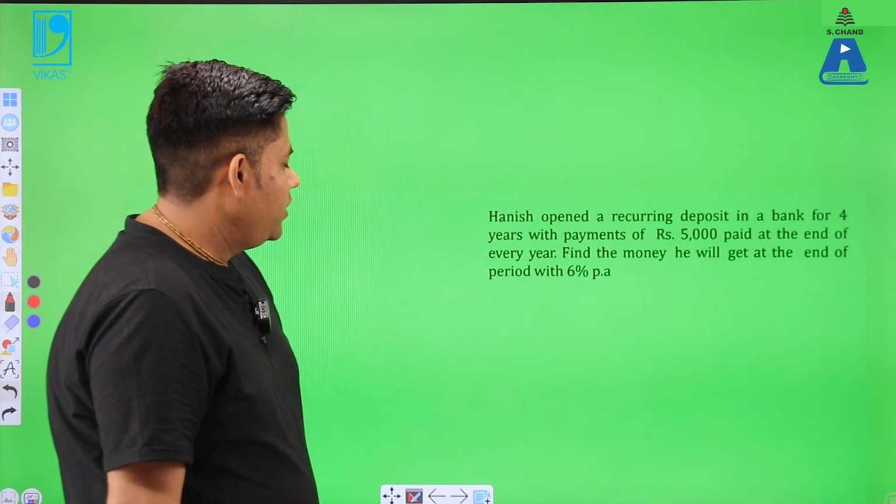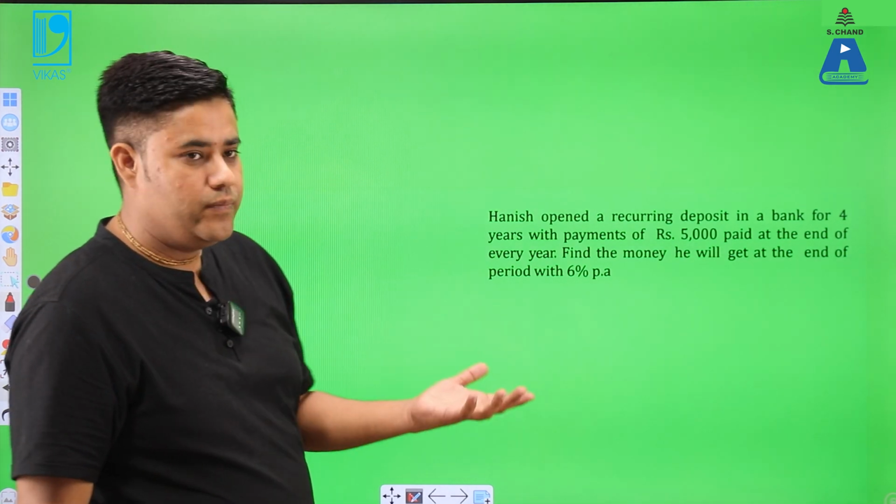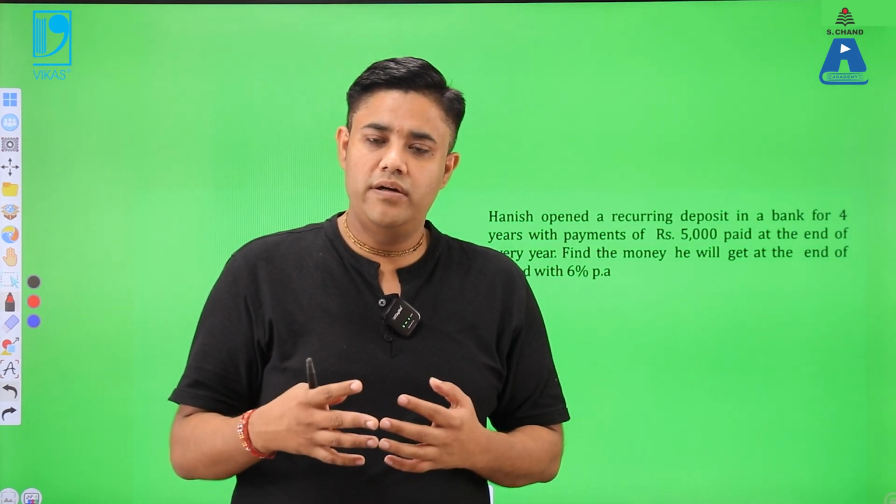Now the second question is related to the recurring deposit or the recurring accounts. You might have heard about the different types of accounts available in the banks, like you have a fixed deposit account, you have a recurring deposit account. So this is the case of a recurring deposit account in which the annuity calculation comes into picture, and the rate of interest is compounded in terms of the compound interest values.